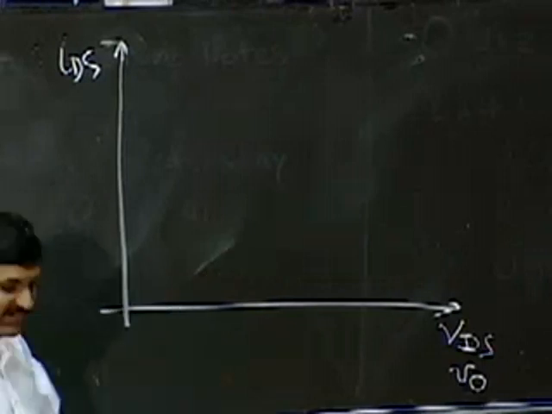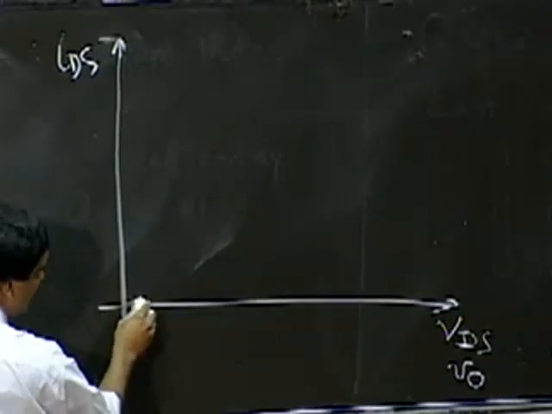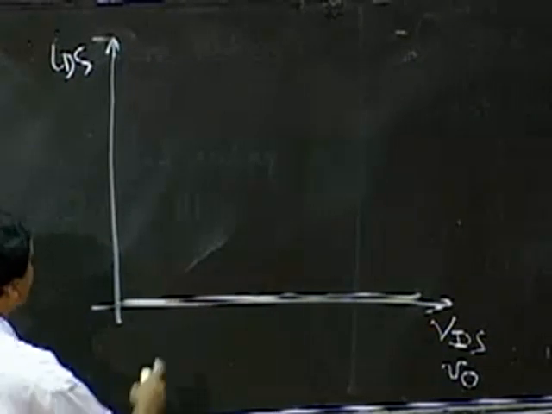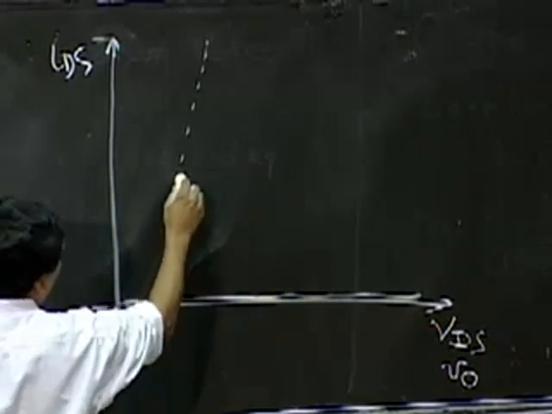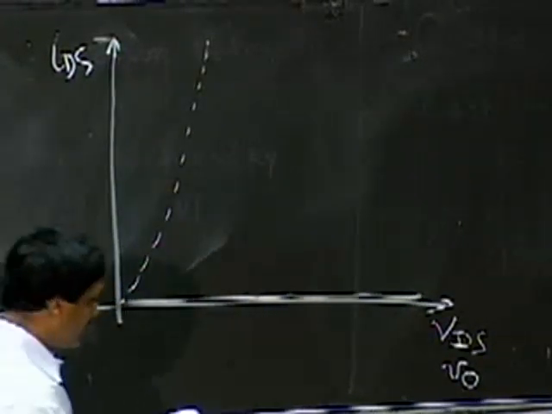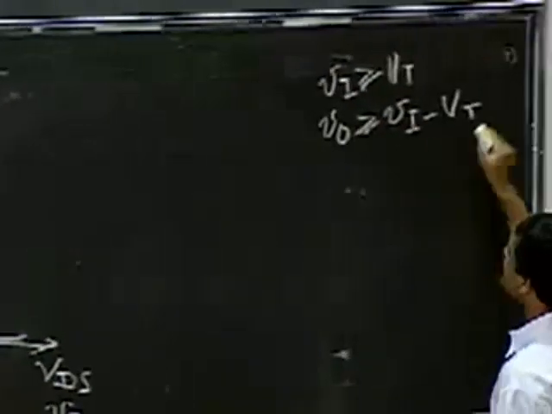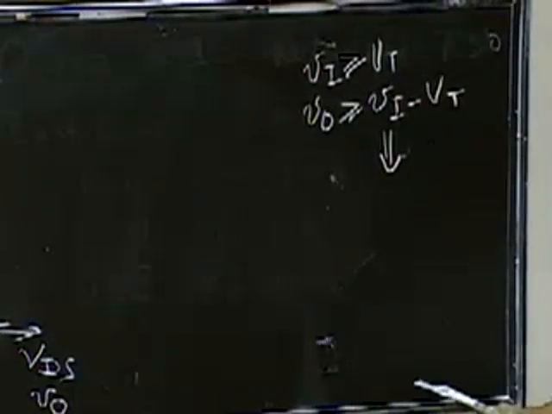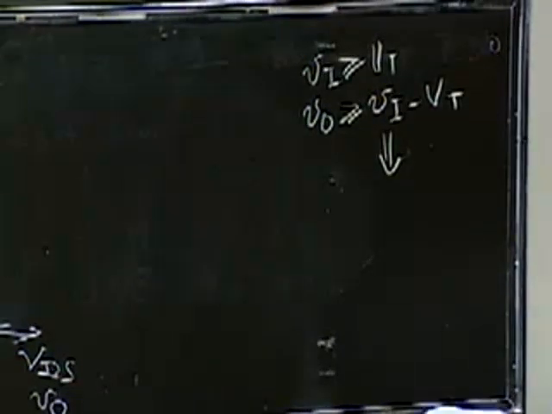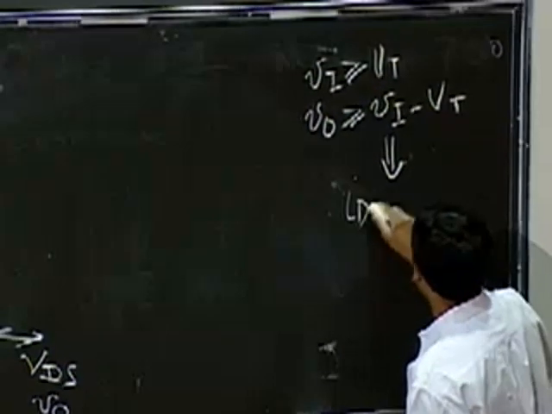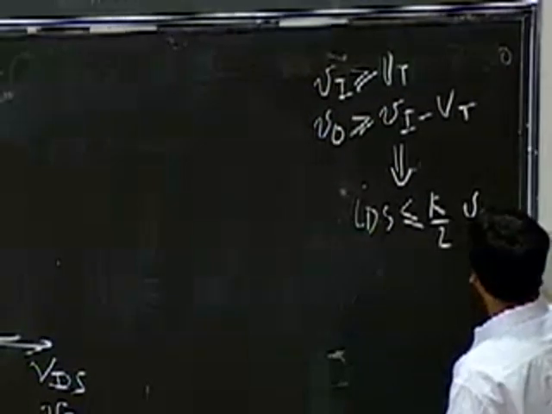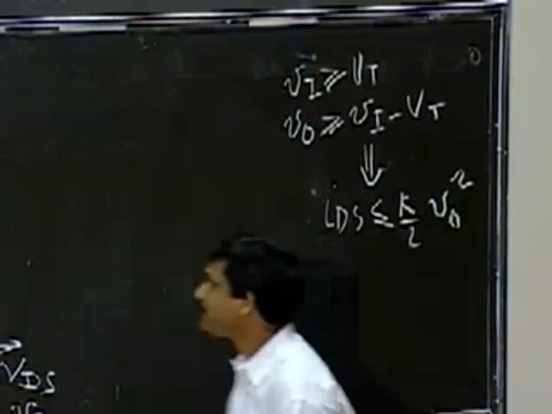over the device characteristics. And so let me plot the device characteristics in the saturation region. Remember that this constraint could be related to the current, as I derived for you in the last lecture, as follows: IDS being less than or equal to K divided by 2 V naught squared.